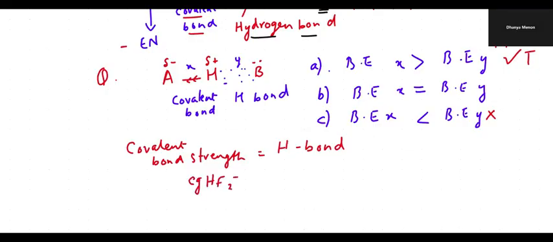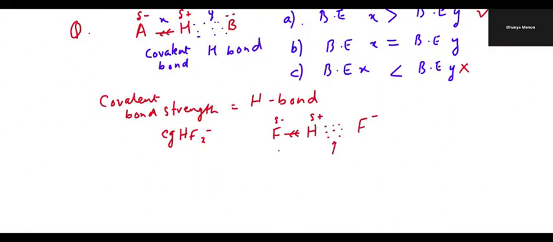Here, fluorine is bonded to hydrogen. Okay. Fluorine is highly electronegative. It will attain a negative charge. Hydrogen will attain a positive charge. And this will form a hydrogen bond with fluorine. Okay. And this hydrogen bond strength is equal to the strength of what? The covalent bond.